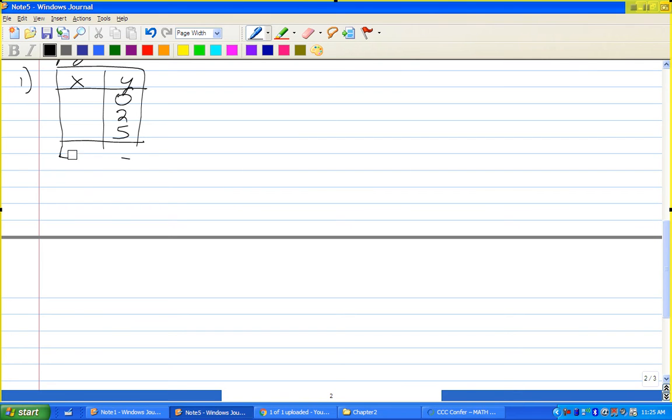The equation is x equals 3. Therefore, each of these x coordinates is 3.